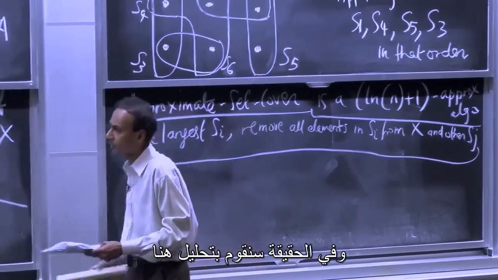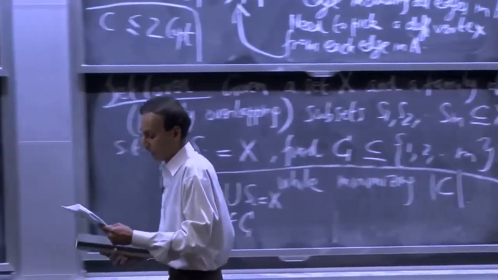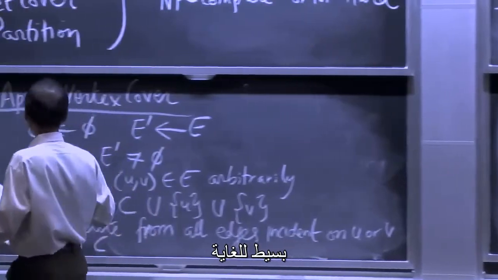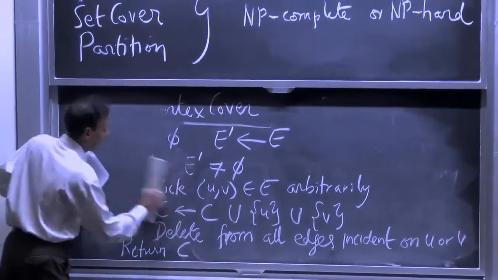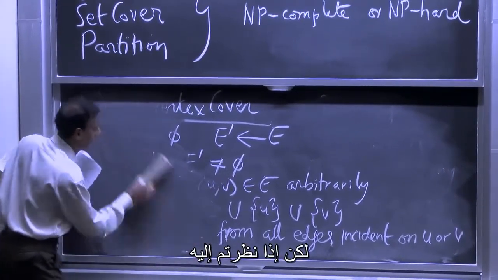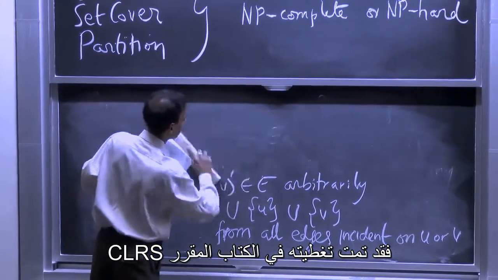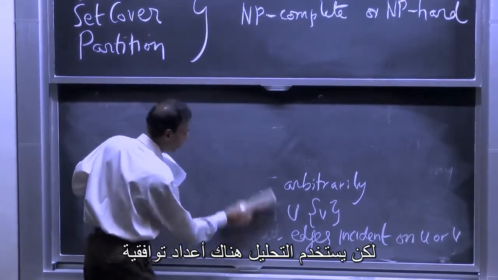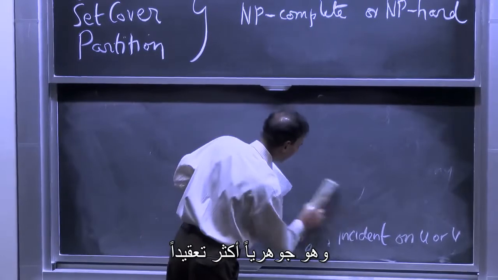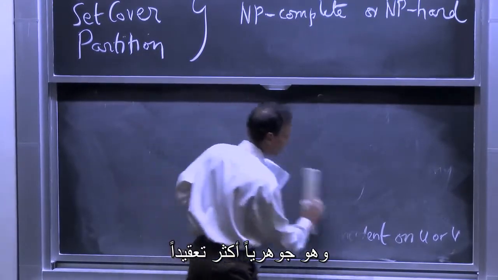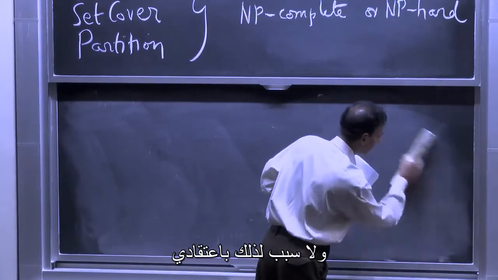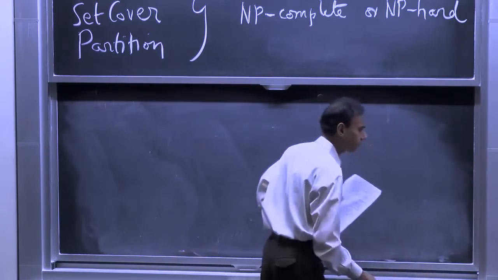And we're actually going to do an analysis here that is pretty straightforward. It's got a little bit of algebra in it. But if you go look at this, it is covered in CLRS, the textbook, but the analysis in there uses harmonic numbers and is substantially more complicated for, in my mind, no reason.